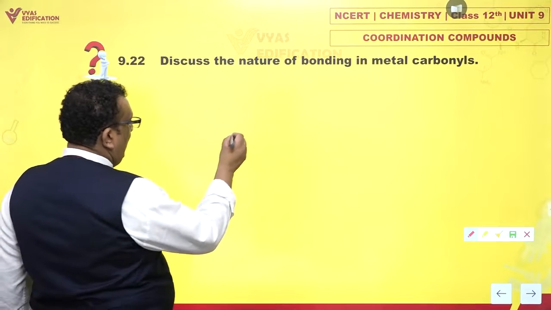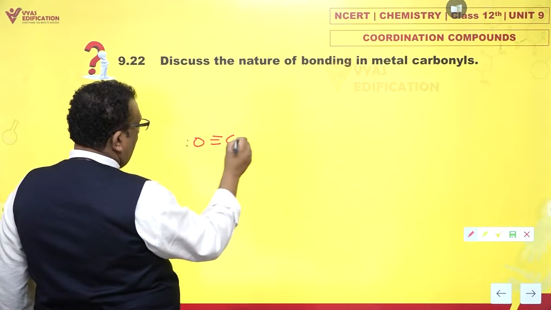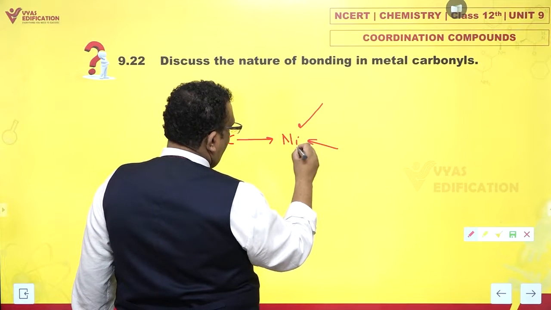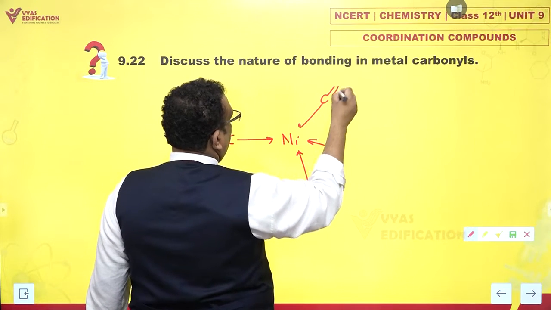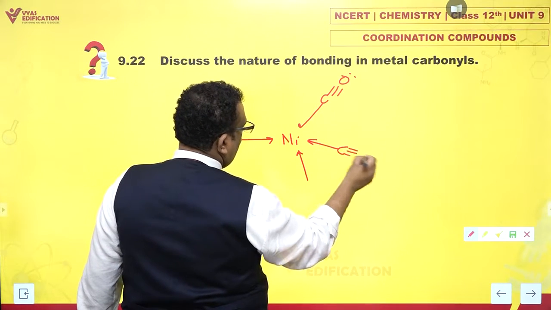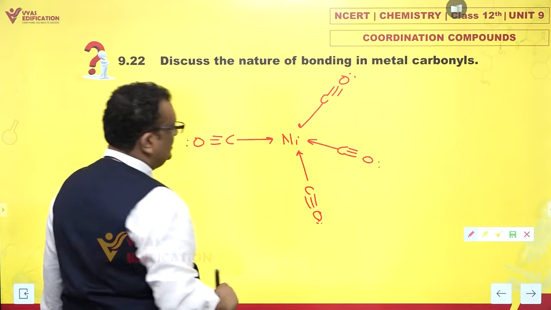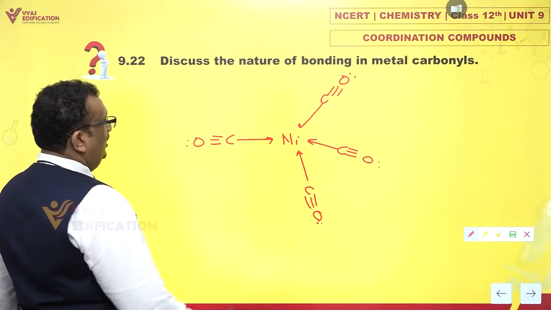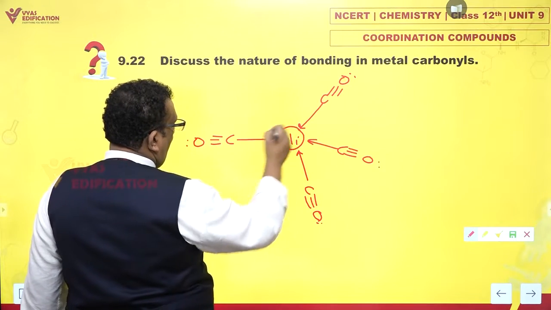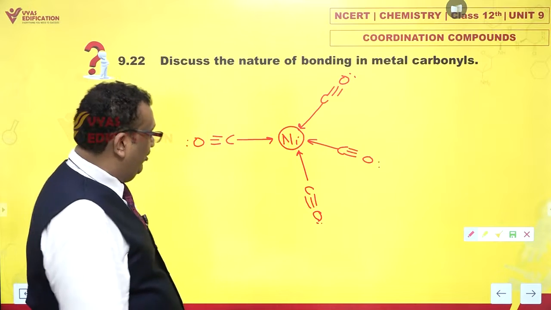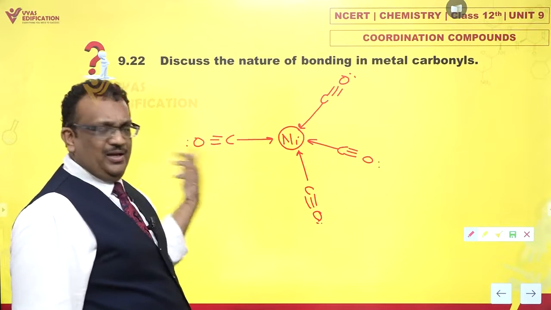As carbon monoxide donates a lone pair to nickel, CO, CO, CO and CO, a very glamorous diagram, what you find now is nickel, because it is now very electron rich, tries to give back electrons.